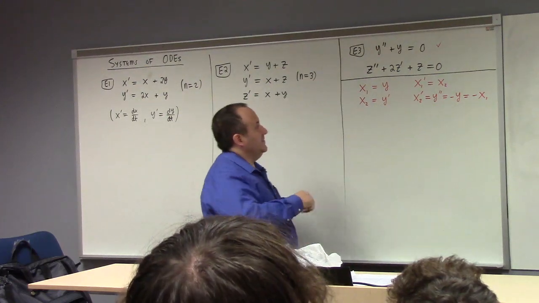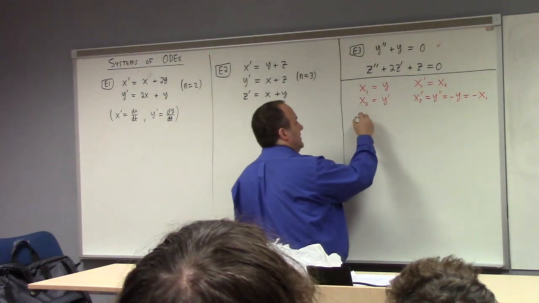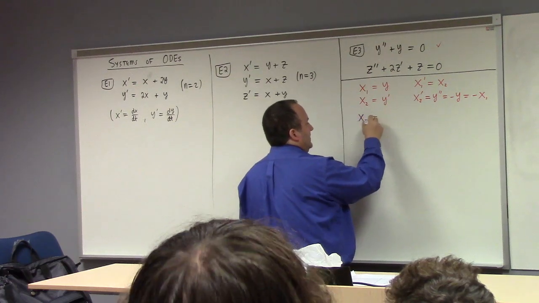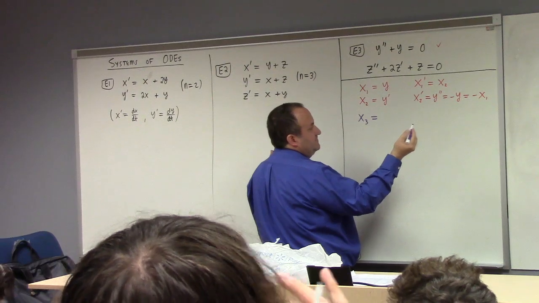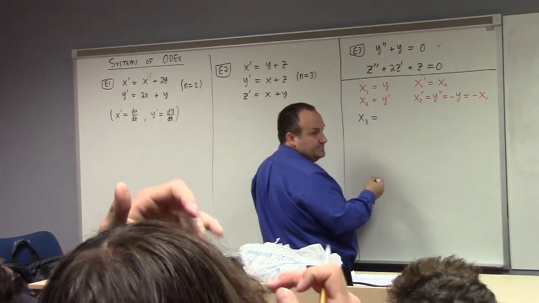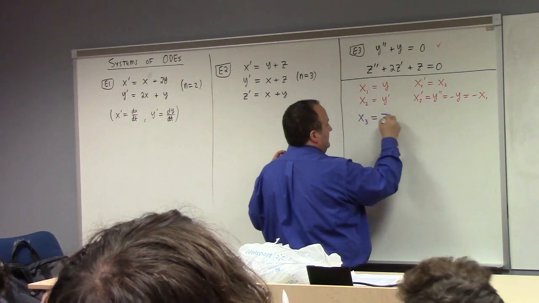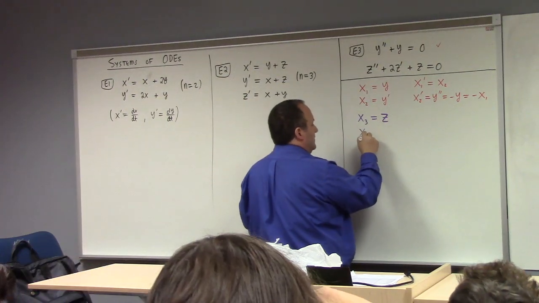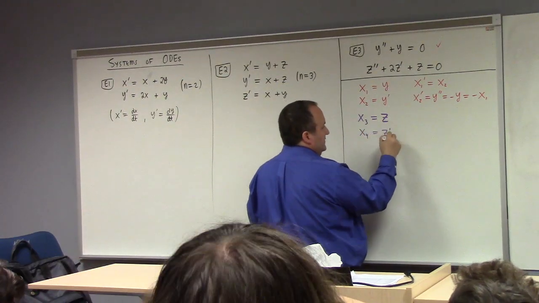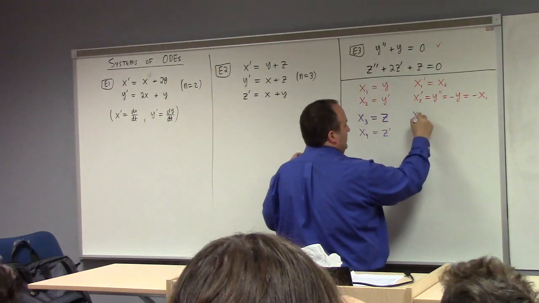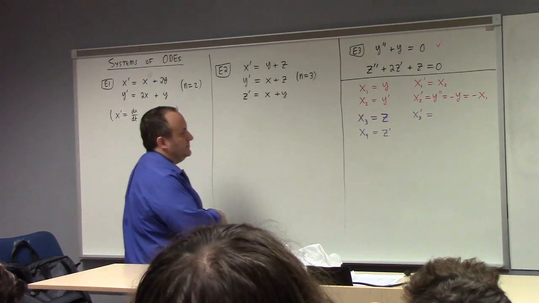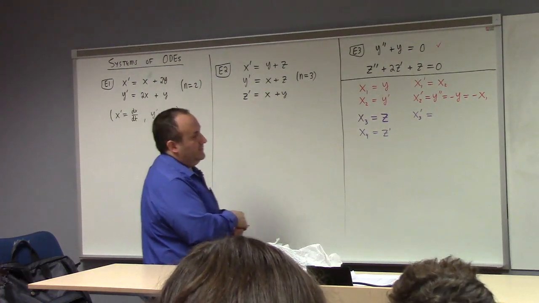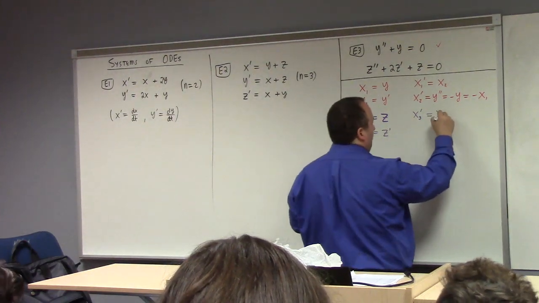And then up next here, we can let x3 equal to, you guys tell me, what should I do? How about, what do you guys think? Z, I heard a Z, I'll take it. And we're going to let x4 equal Z prime. So we've got x3 prime equal to Z prime, which is x4, right?